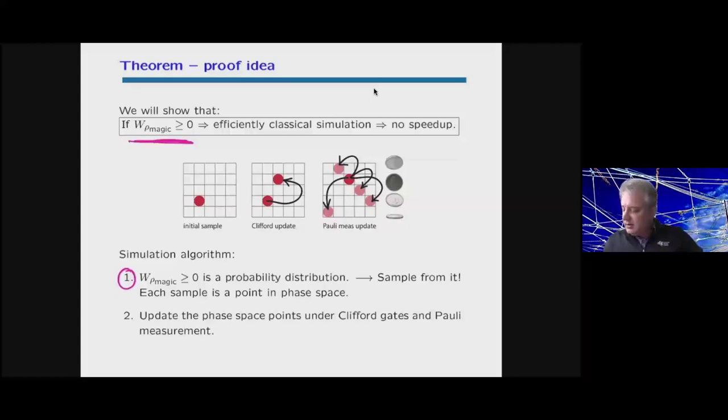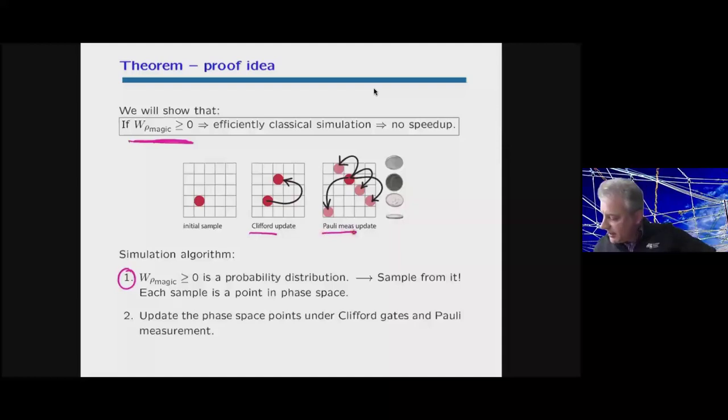Then what you subsequently do is follow this sample through the sequence of operations. And remember, in this computational scheme, every operation is either a Clifford unitary or a Pauli measurement. All of this is easily followed. If you are dealing with a Clifford unitary, you're just updating the location of that peak using covariance of the Wigner function.